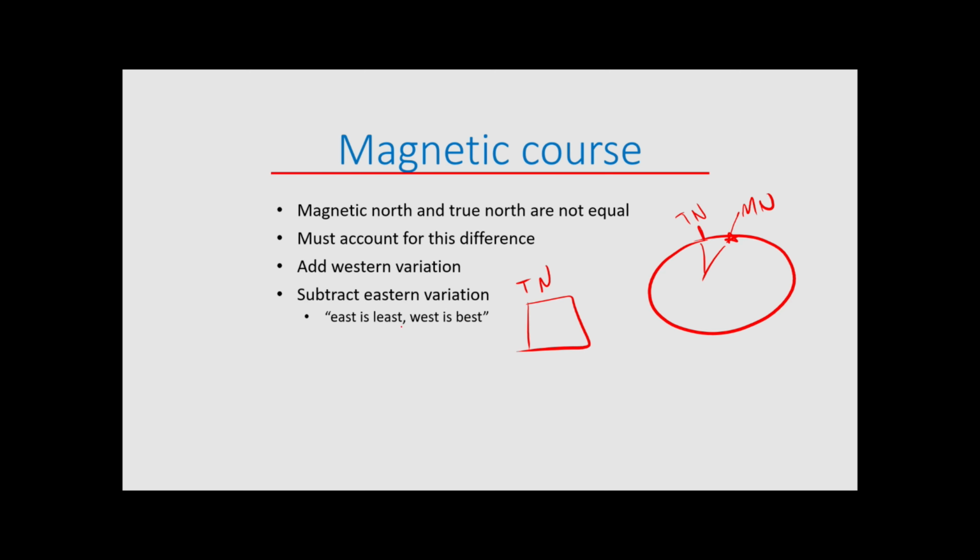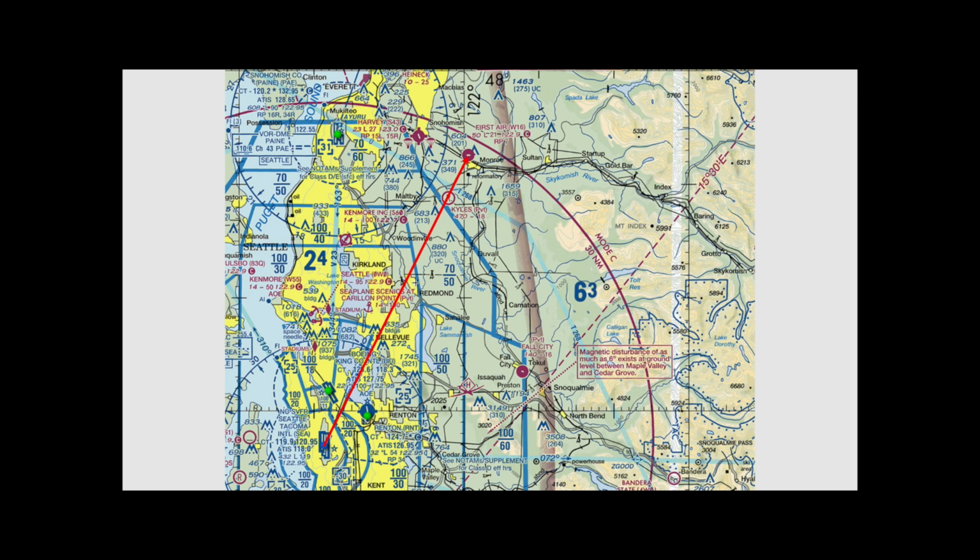We can see it on the map, and if we see western variation, we're going to add it. If we see eastern variation, we subtract it. So east is least, west is best. So here, true north is in line with these grid lines here. And if we look at our VOR stations or our VOR rings, they tell us what north would be, or they correspond more with magnetic north.